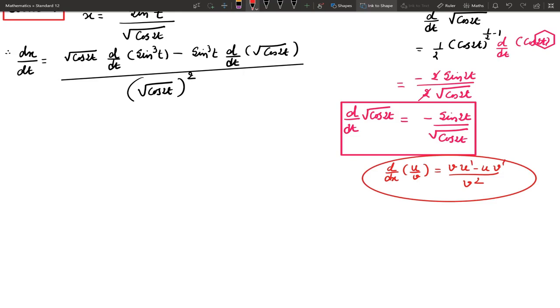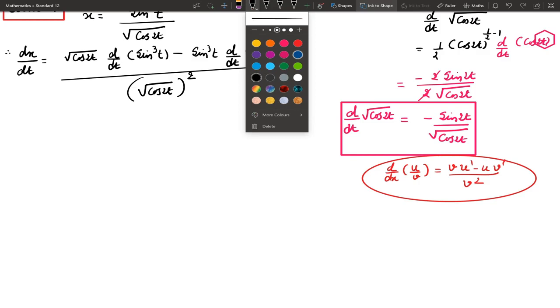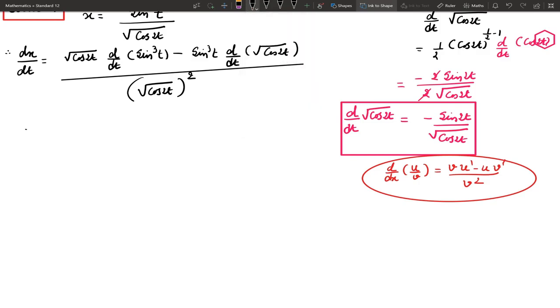Now we differentiate. So this is root cos 2t into 3 sin square t, into, by chain rule, d by dt of sin t, which is cos t. This is because of the chain rule.